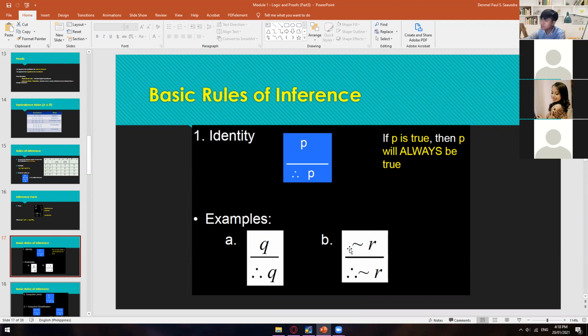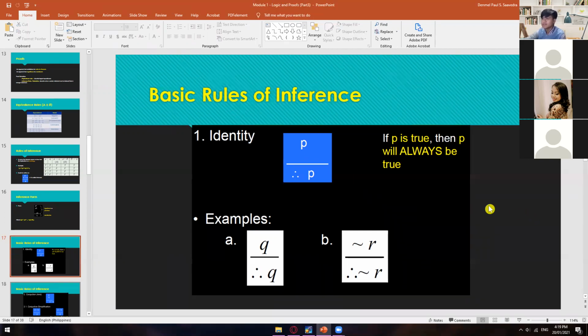The value of this one is always true. Same with this one, just with a negated symbol. All right, so those are the laws or rules for identity.